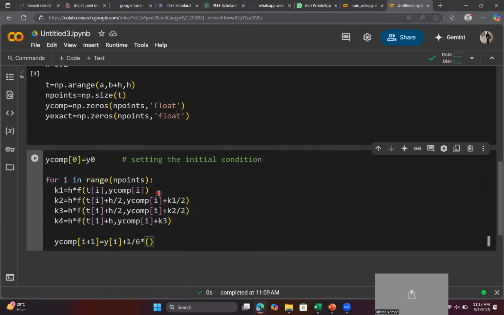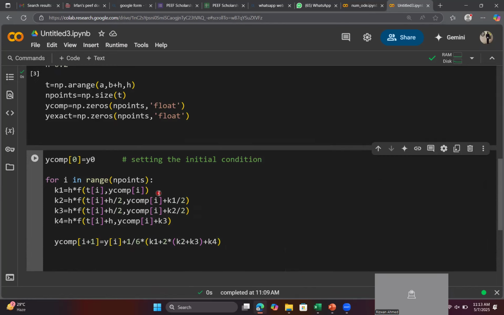The computer requires a multiplication sign or equivalent to multiplication operation here. So it is then K1 plus 2 times K2 plus K3 plus K4. And then the end of this loop structure, right? So values will be generated in this vector.